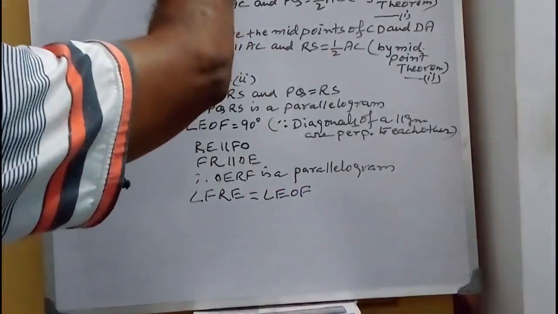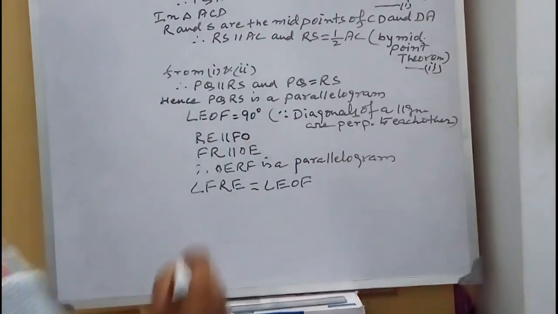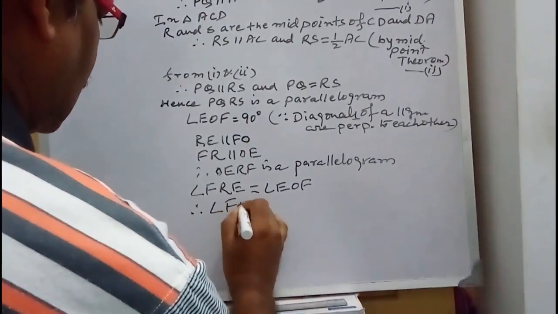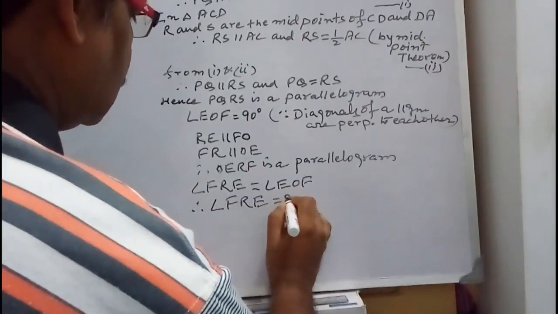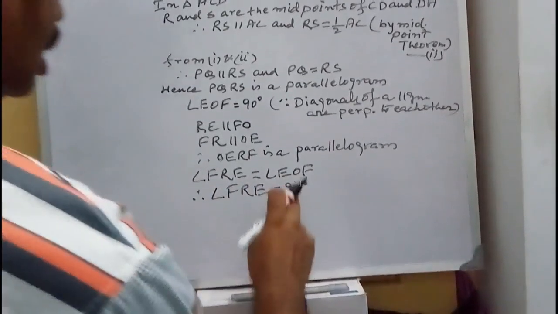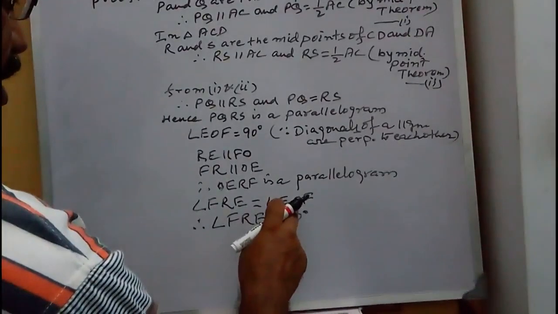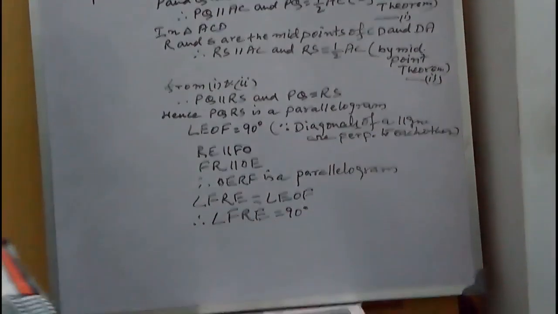Therefore, angle FRE is equal to angle EOF. Angle FRE is equal to 90 degrees, as EOF is 90 degrees and EOF is equal to FRE. Therefore, FRE is equal to 90 degrees.